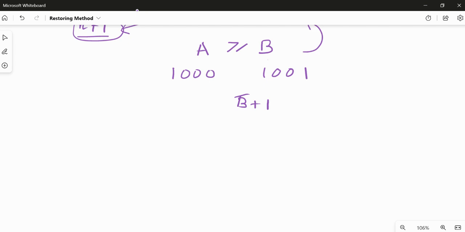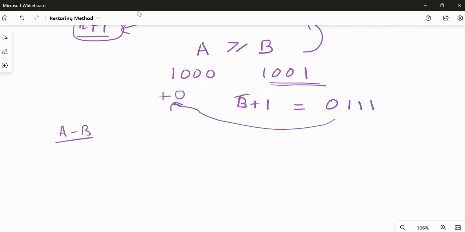But first, let us find the 2's complement of the second operand, the subtrahend, because we want to perform A minus B. So B bar plus 1 will be 0111, the 2's complement of this. So we have to add this 2's complement of the subtrahend to A to find A minus B. So this will be all four ones.